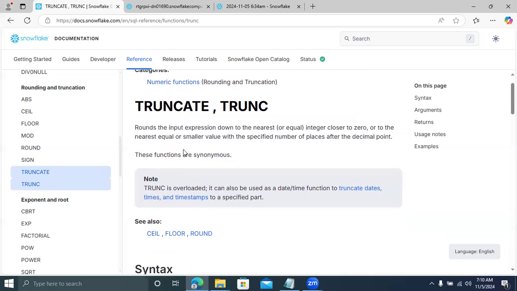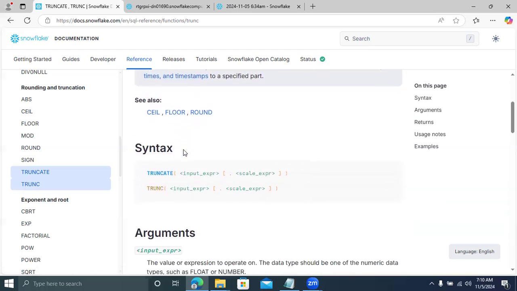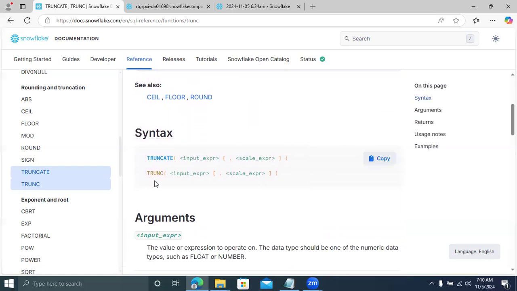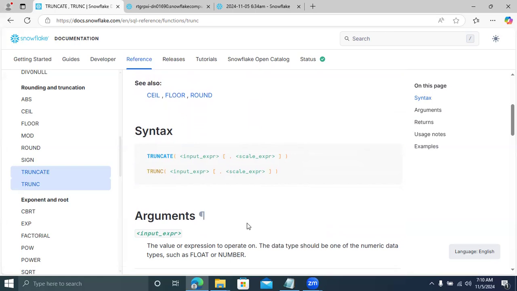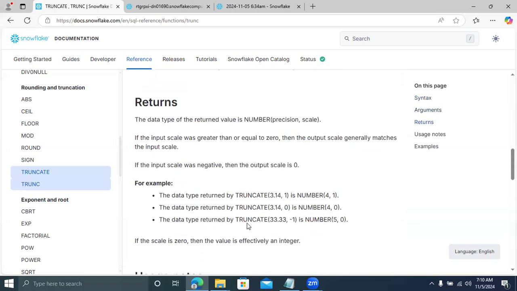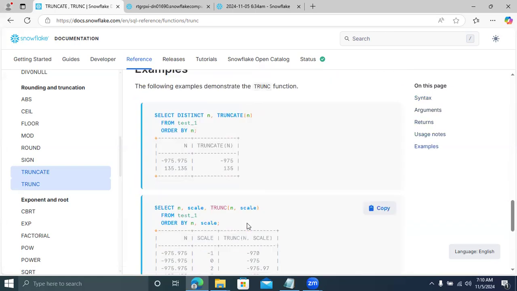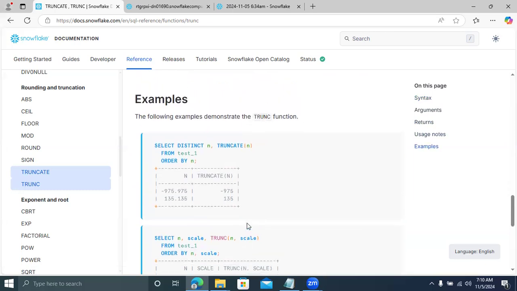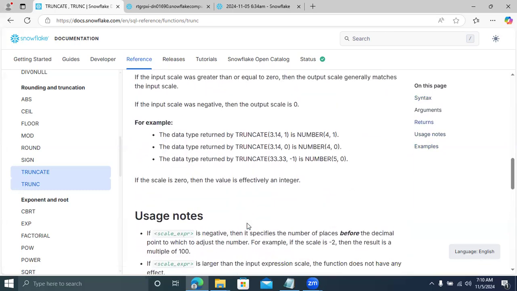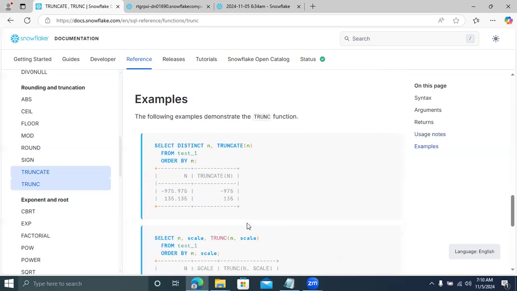Now we're going to show the truncate function. Truncate and trunc are both the same. We have to pass the input expression and the scale factor. Now you can see I have one column, minus 970.975.